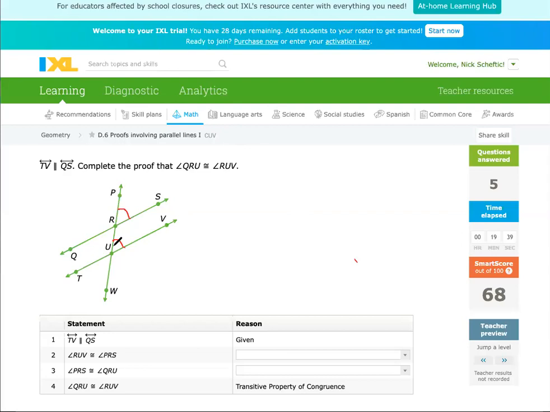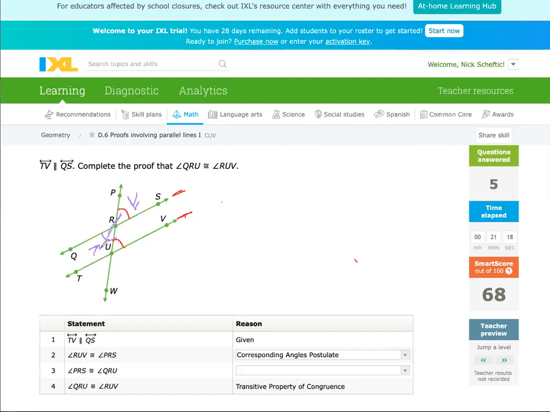All right, this first one, I have these two red angles. This looks like the corresponding angles postulate. If I move that line to that line, those angles should be the same. PRS is congruent to QRU.